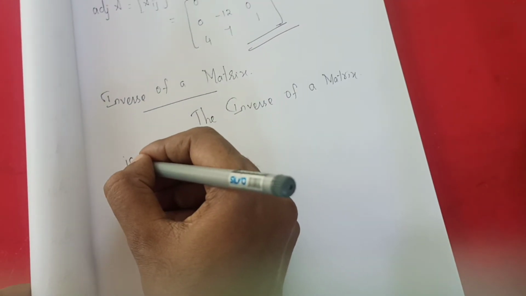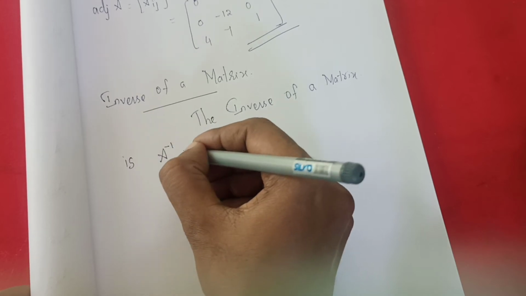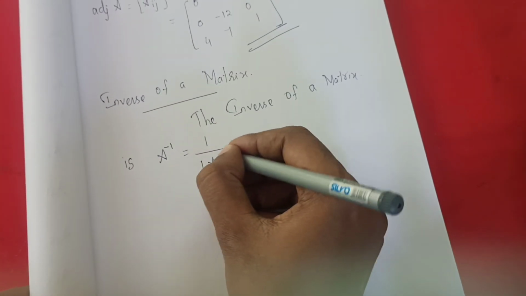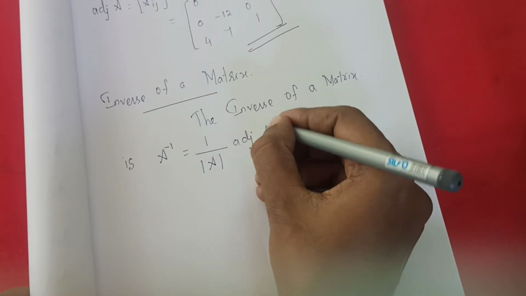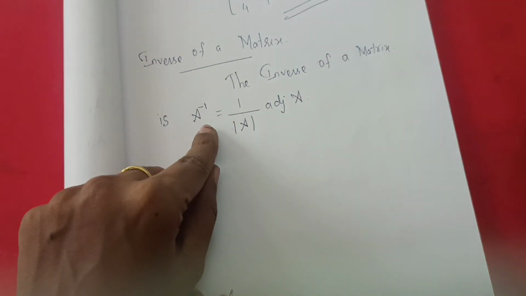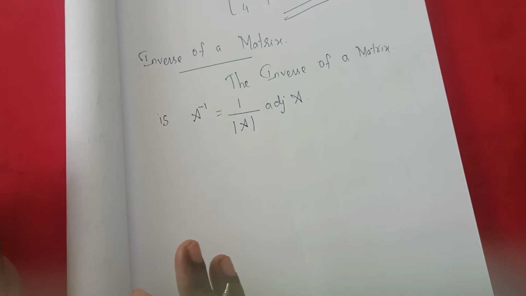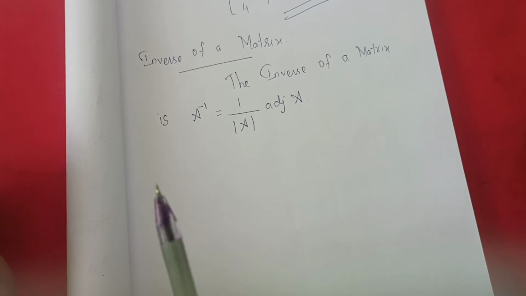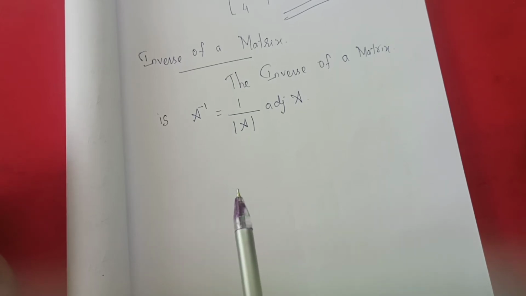The inverse of a matrix: A inverse is equal to 1 by determinant of A into adjoint of A. This is the formula we are going to learn. If they ask to find the inverse of a matrix, what's the formula? 1 by determinant of A into adjoint of A.